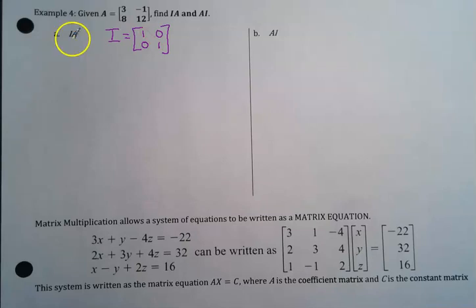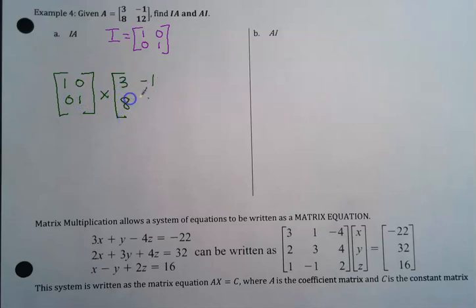So then we're going to multiply these. I'm going to take I, 1, 0, 0, 1, and multiply it by A, 3, -1, 8, 12. We're doing a 2 by 2 matrix times a 2 by 2 matrix.